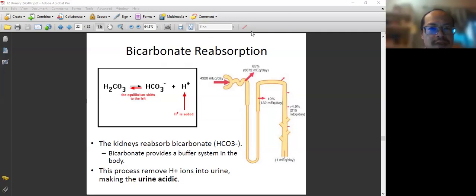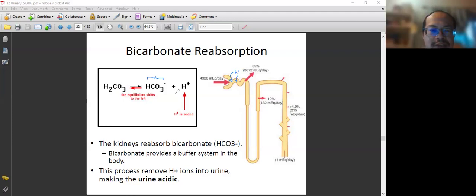Let me write down here. Here is the bicarbonate that got filtered through. In order to reabsorb it back, our body secretes hydrogen.